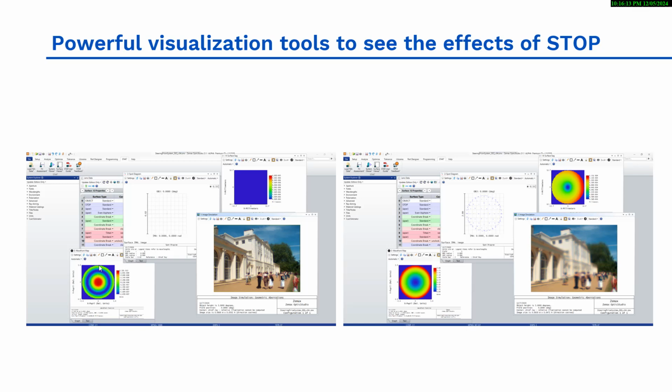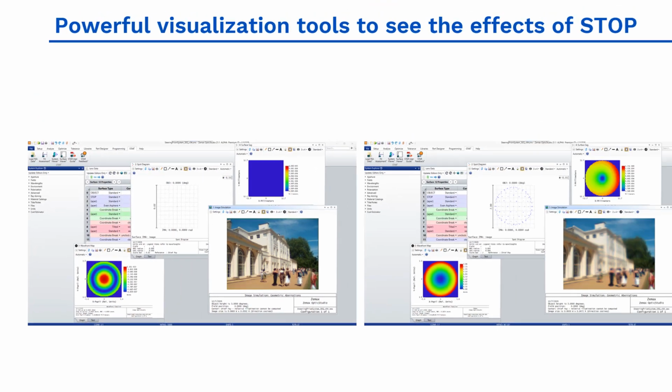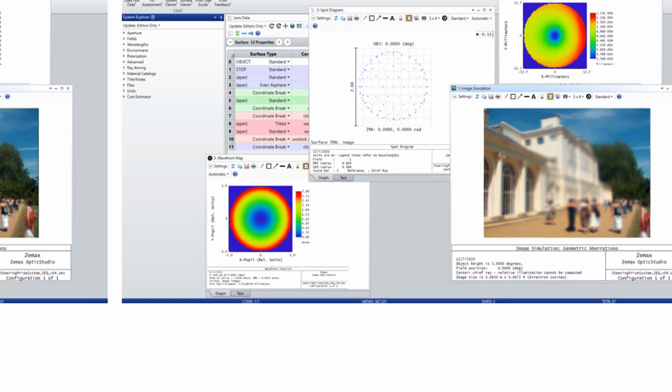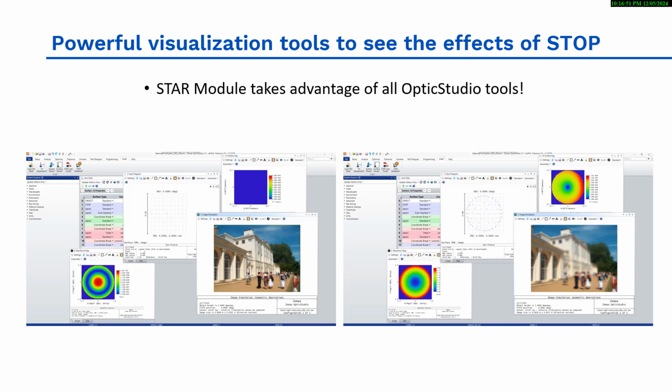You see our wavefront map on the left side, but when we added the structural and thermal deformation, you can see how the wavefront map changes. Also in the image simulation, you see the difference. By comparing these two pictures, we can see the effect of structural and thermal deformation on our imaging quality.